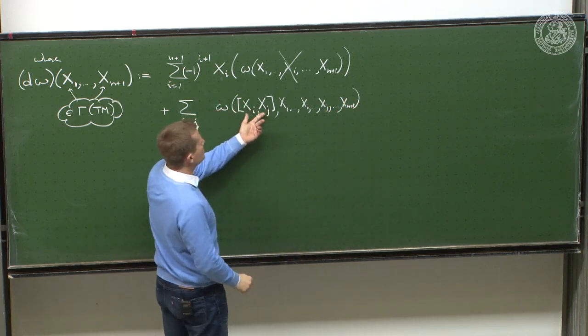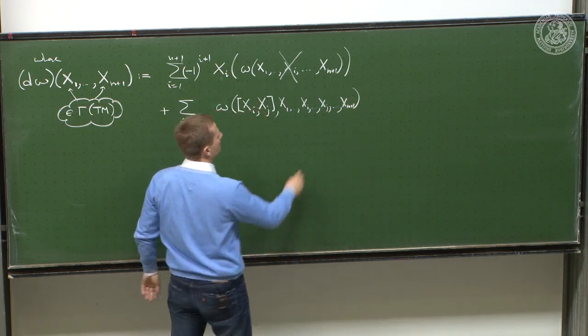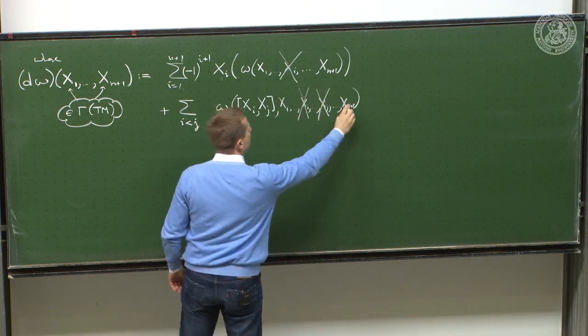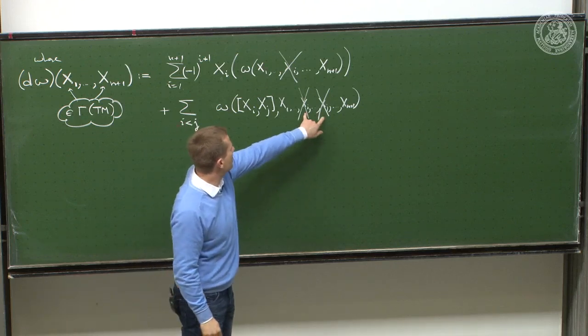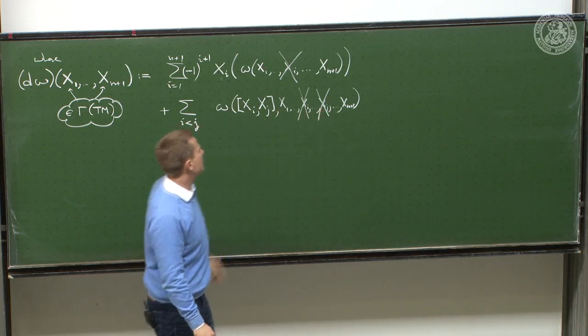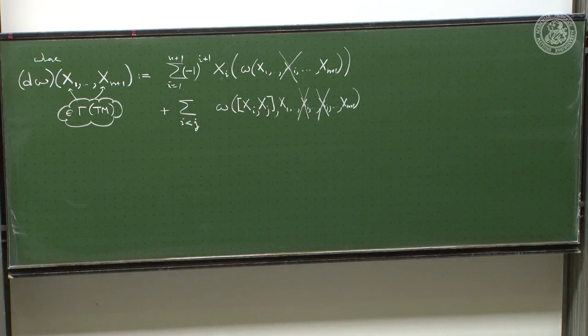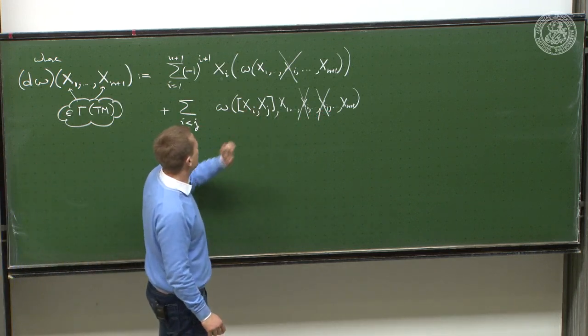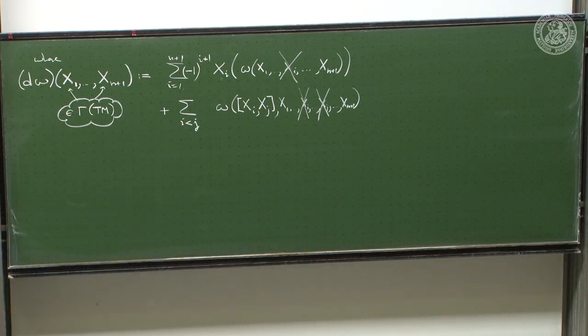Well, I already used 2 of those and made 1 of them, so I cross out the ith, I cross out the jth, I keep the others. I took 2 out, I put 1 in, that means I have n fields I feed this guy, and the anti-symmetry is already taken care of by this commutator, and that is the definition of this exterior derivative.